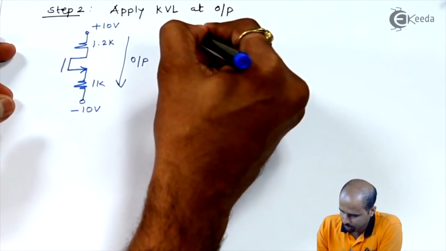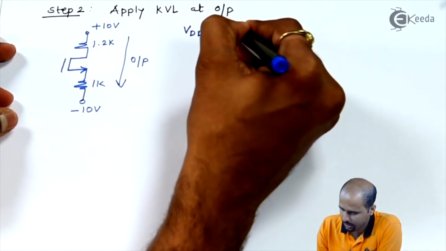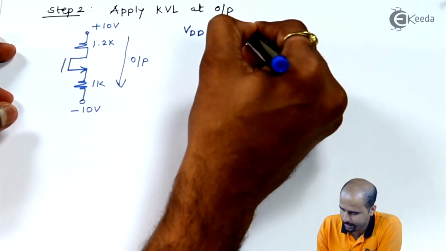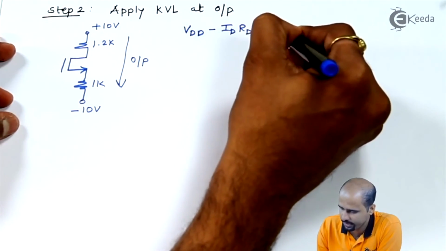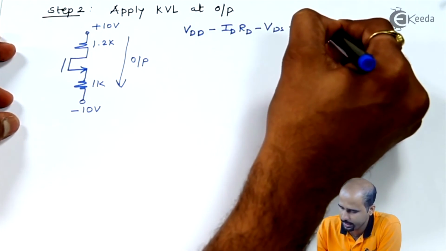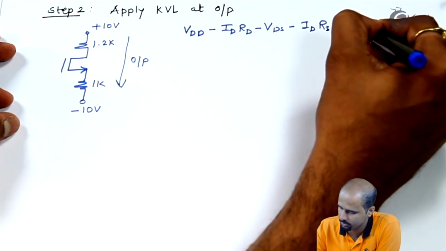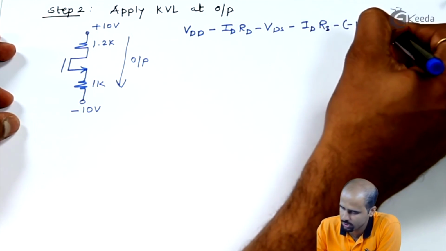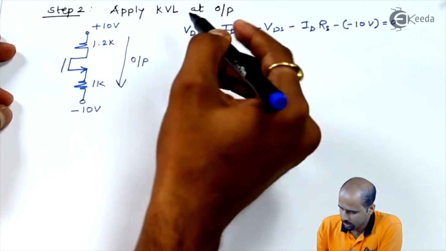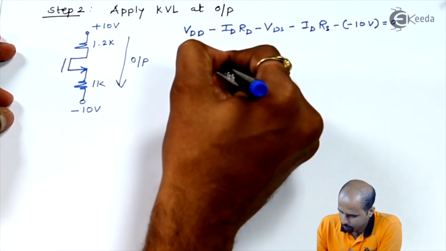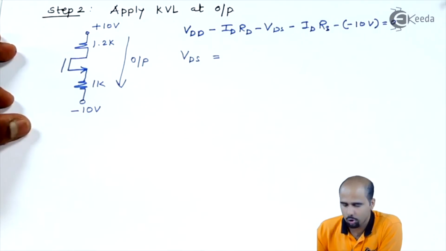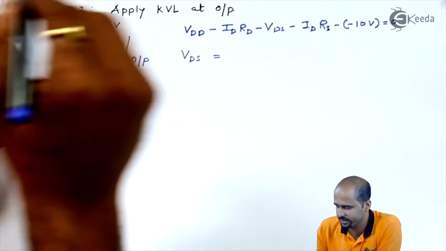So simple: VDD minus IDRD minus VDS minus IDRS minus of minus 10 volts is equal to zero, directly getting the value of VDS, right? So pause the screen, calculate the value of VDS.